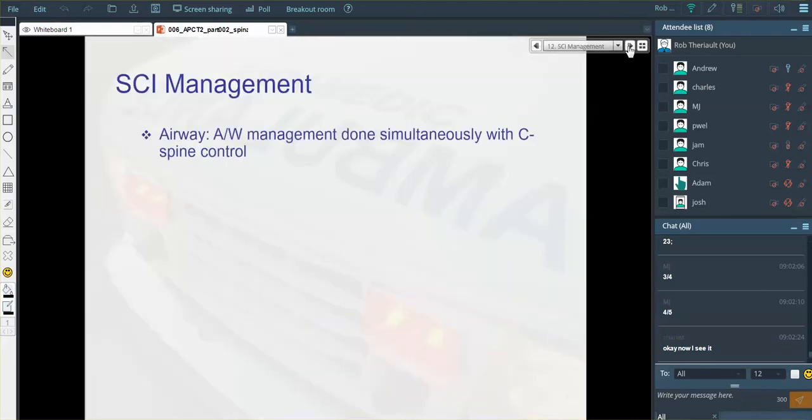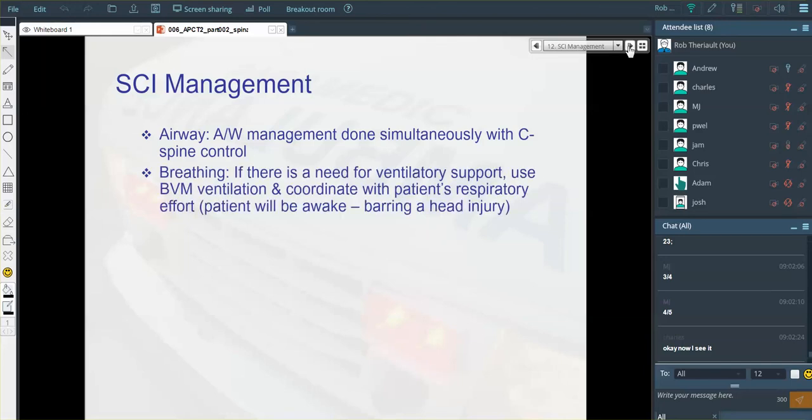So cord injury management, we're obviously going to look to support the airway with simultaneous C-spine control. And breathing, we need to watch for subtle changes in breathing, and look at SpO2, but also look at their tidal volume and respiratory effort, and you may have to do PPV with these patients and coordinate with their own breathing, and just explain what you're doing and why you're doing it.